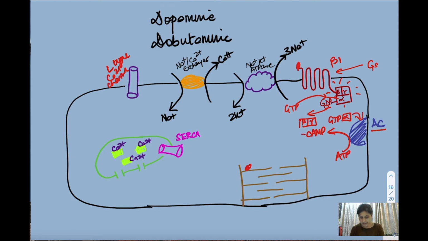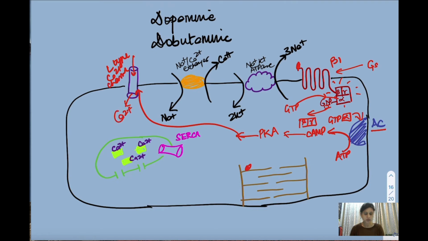Now this cyclic AMP is going to stimulate protein kinase A. What is the role of protein kinase A? It causes the phosphorylation of various other proteins around, and here the important role is that it also phosphorylates the calcium channels, or activates this calcium channel. So more calcium is now going to flow in.